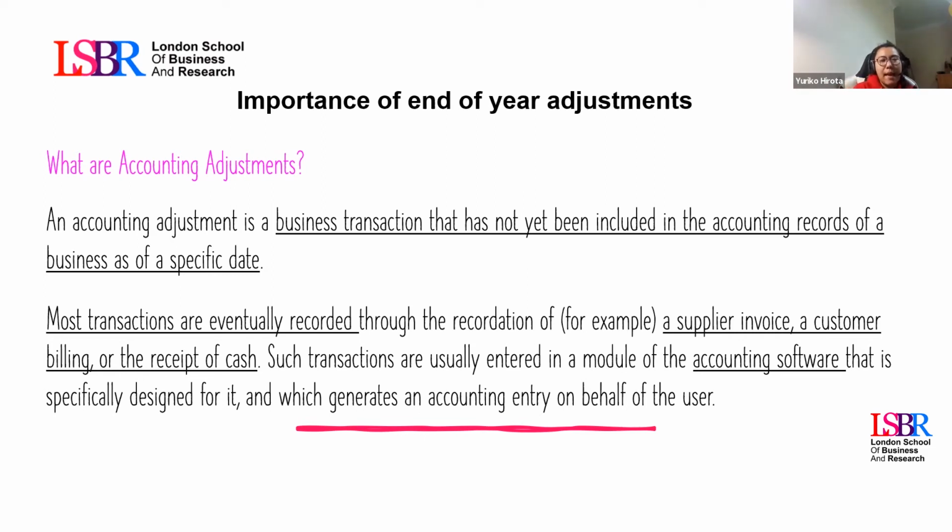In a more theoretical way, an accounting adjustment is a business transaction that has not yet been included in the accounting records of a business as of a specific date. That specific date could be at the end of the year, at the end of the month, or before delivering any kind of report or financial statement.